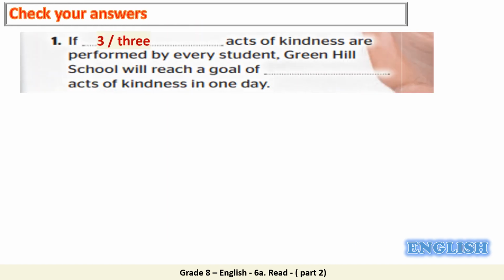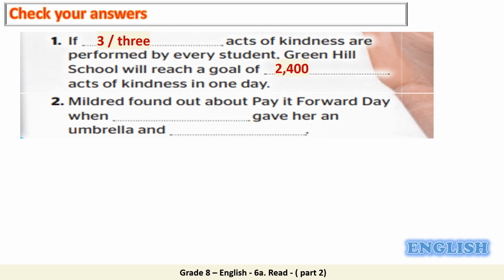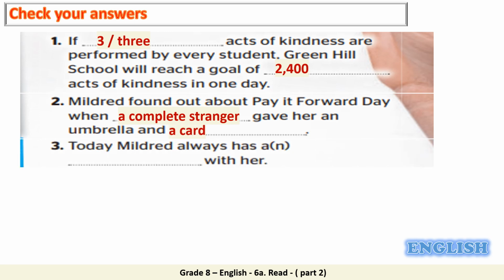1. If 3 acts of kindness are performed by every student, Green Hill School will reach a goal of 2,400 acts of kindness in one day. 2. Mildred found out about Pay It Forward Day when a complete stranger gave her an umbrella and a card. 3.